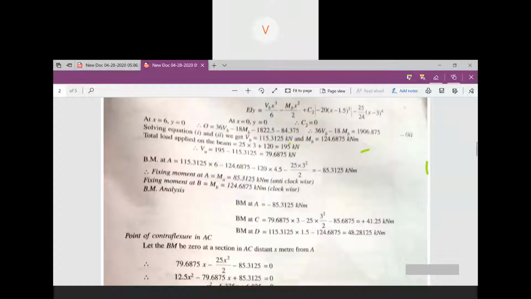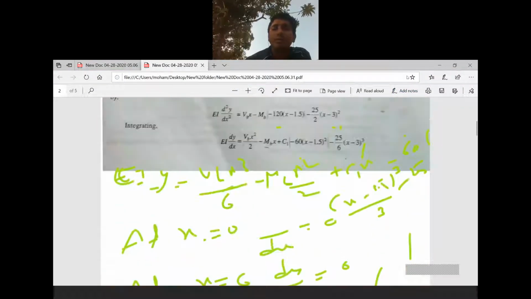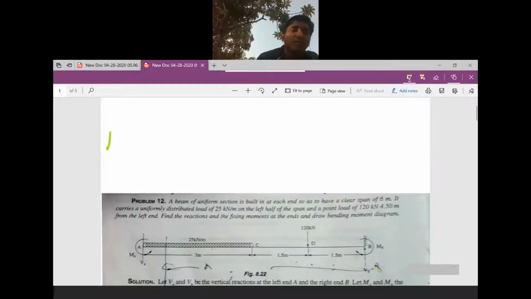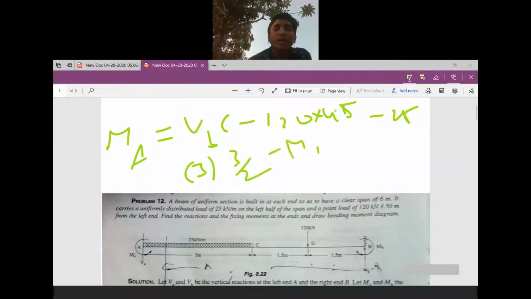Here we are calculating moment about A. You know the value of MB, you will calculate moment about A. From this diagram, when I am writing moment about A, the value is VB into 6 meters minus 120 into 4.5 minus 25 into 3, where 3 is the force and 3 by 2 is the distance, minus MB.